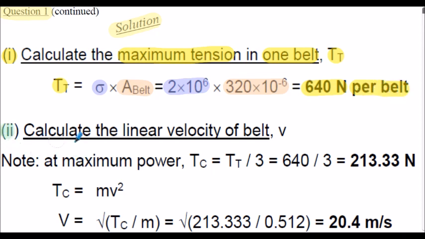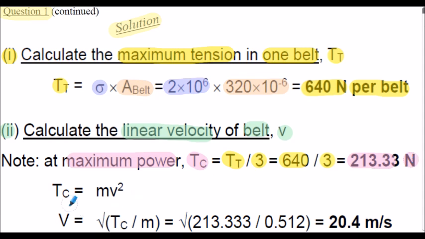Step 2, we're going to calculate the linear velocity of the belt, symbol V. And we know at maximum power conditions, the centrifugal tension is equal to the maximum belt tension Tt divided by 3. So from above, that's 640 newtons divided by 3. So the centrifugal tension is 213.3 newtons.